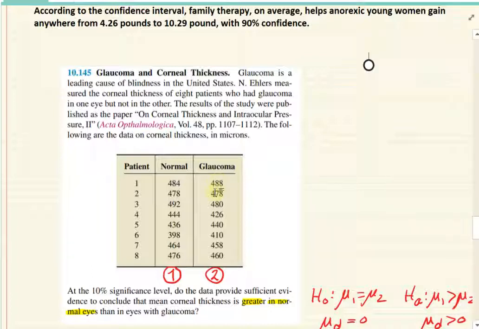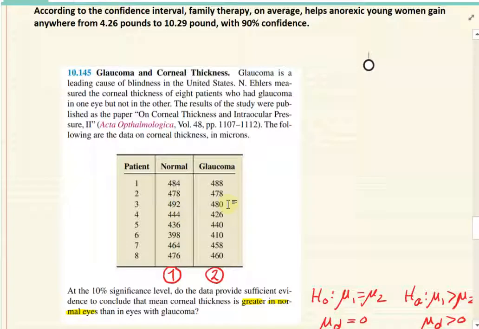Look at patient number 2, identical, so the average difference is 0. This one, 492 versus 480, so thicker corneal thickness in the normal eye versus the eye with glaucoma. So 492 minus 480, that's 12 microns thicker.